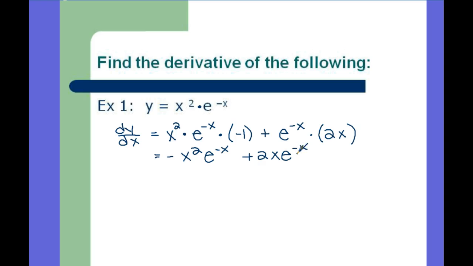They have e to the negative x in common, right? So it could be brought out in front. And e to the negative x is really a negative exponent, so it could also drop down.